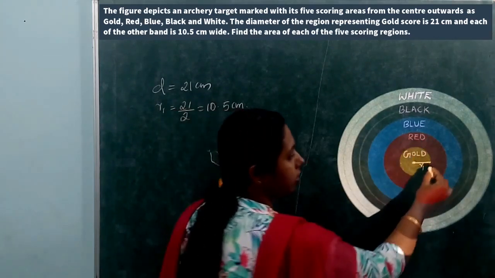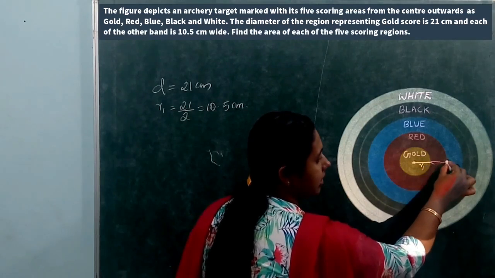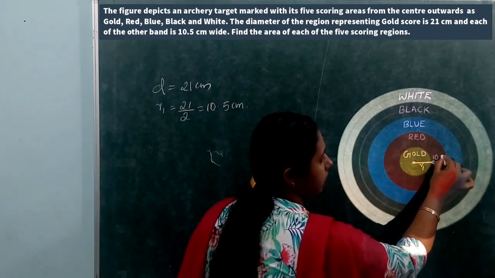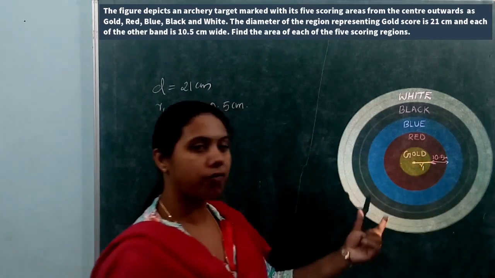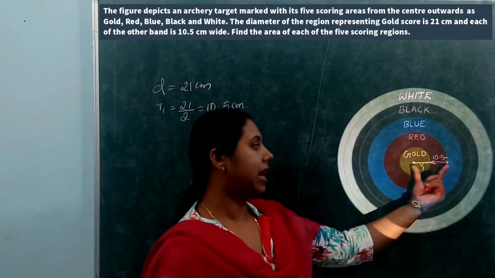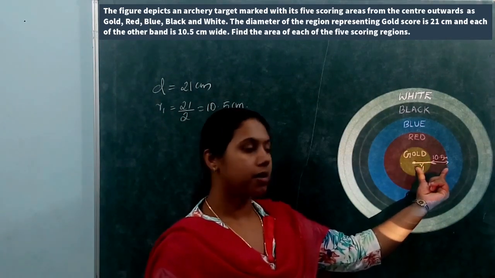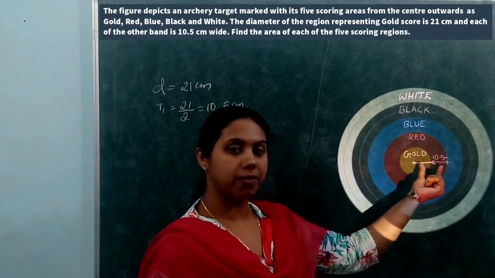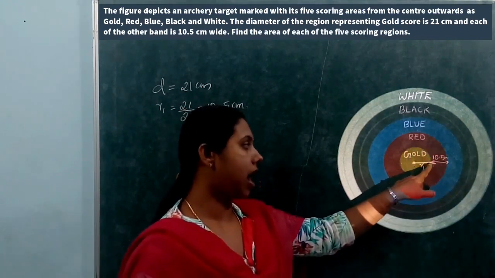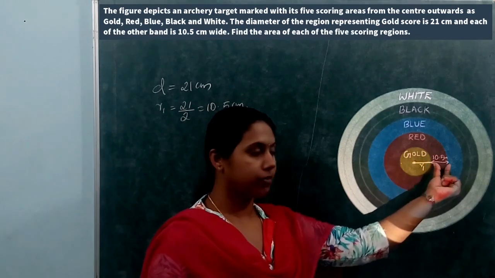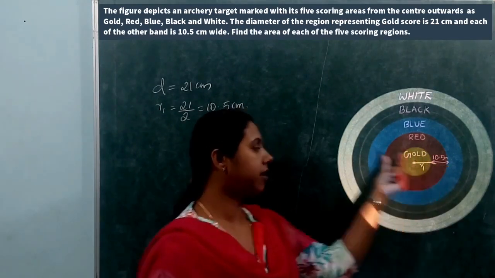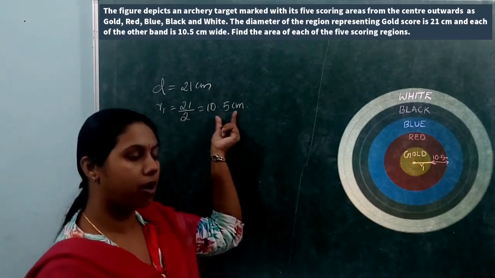We know that the width of each band is given, that is 10.5 centimeter. So the radius of the region with the gold and red is equal to this R1 plus this width, R1 plus 10.5. Here we know that the radius R1 is equal to 10.5.